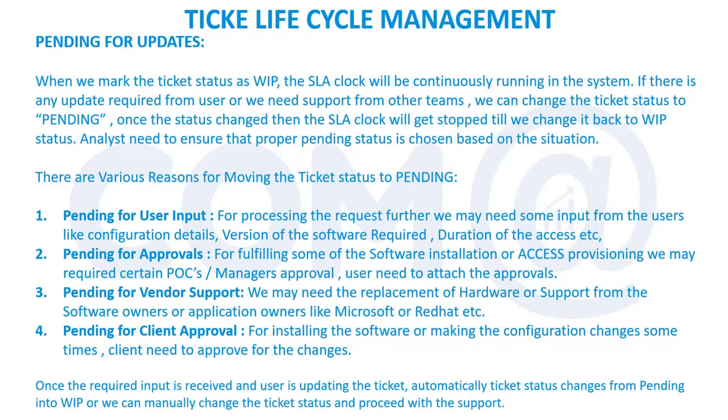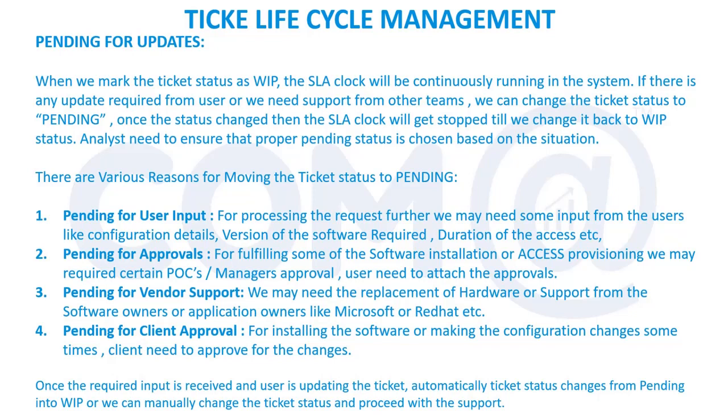But otherwise, if I want to upgrade the memory module from 4 GB to 8 GB, that requires an approval from the manager because the system configuration itself is getting changed and that costs extra to the project. So we'll have to get a confirmation from the project manager. In that case, we'll go for a project manager approval. So that is the second one, pending for approval.